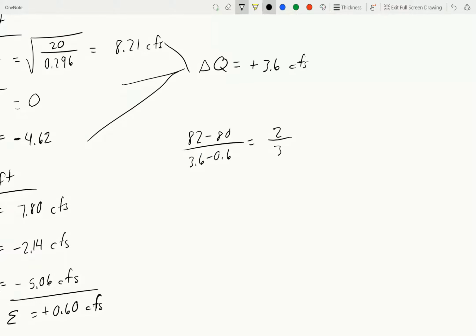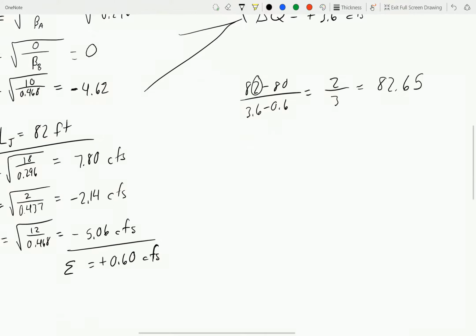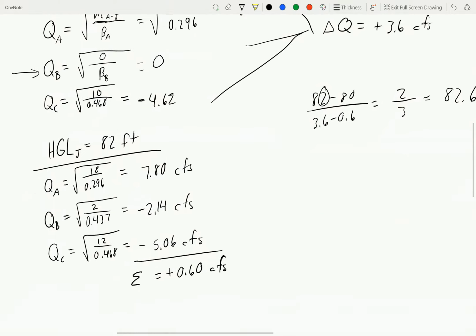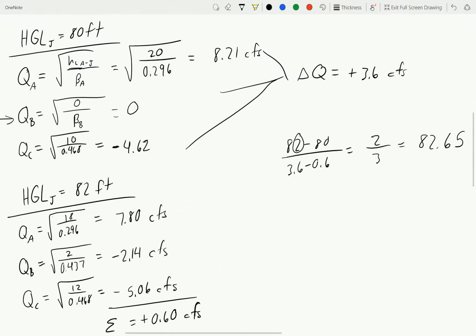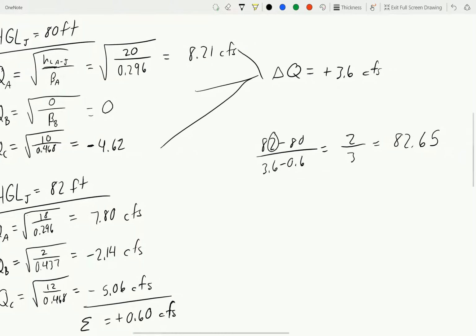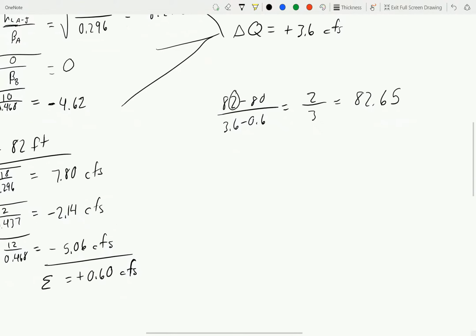And so that's approximately 2/3 above 82 here. So we'll try for our next value, 82.65. Linear interpolation helps a lot in this case because we know two values. We know the difference in our hydraulic grade line of those two values. So that's how you linear interpolate this and get a good idea of what values you want to use next.